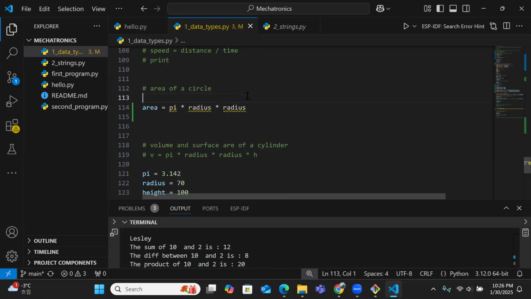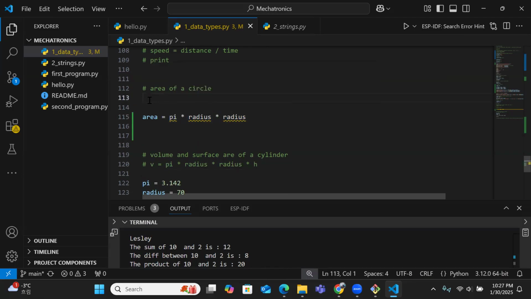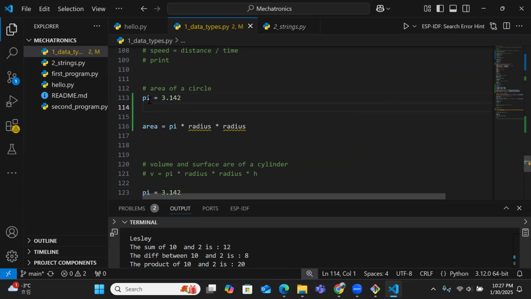And if you see these colors are squiggly, with a yellow background and underline, it means that you have not defined them. So you say pi is equal to 3.142, then radius is equal to 70, like 70 centimeters.